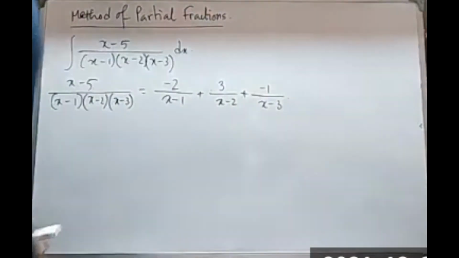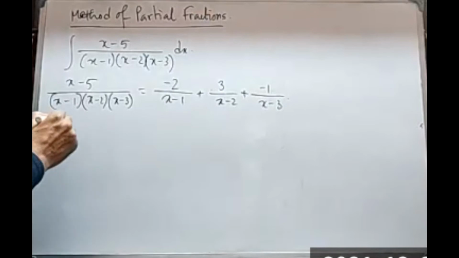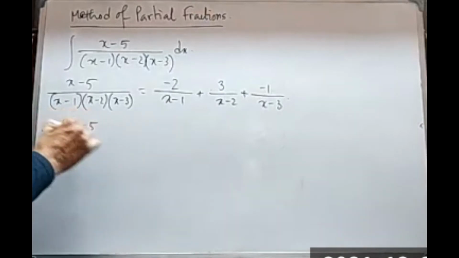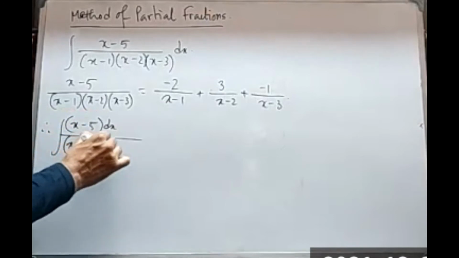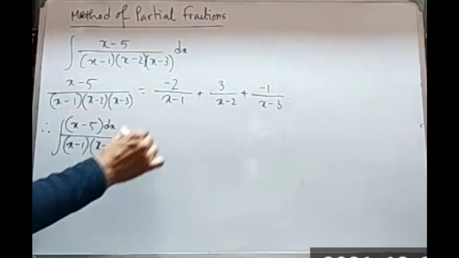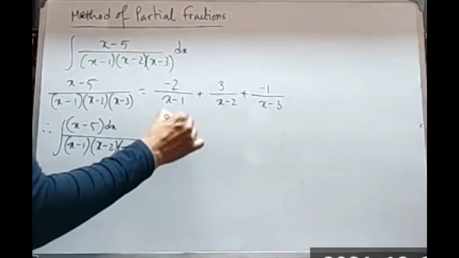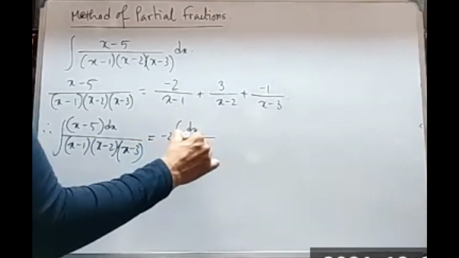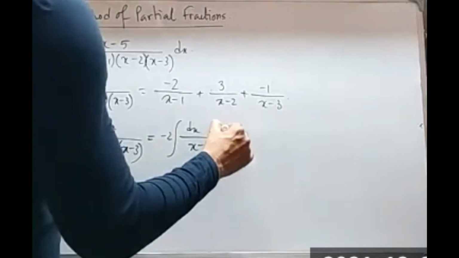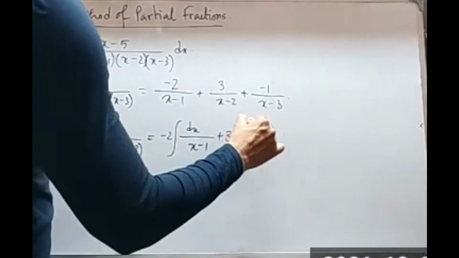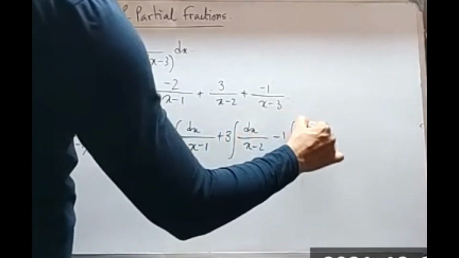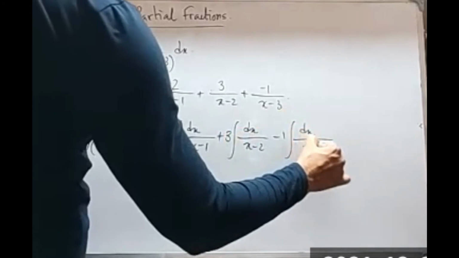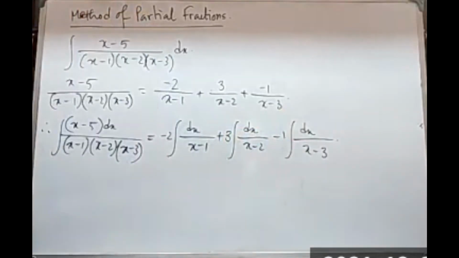So from here we can write, therefore, the integral of (x minus 5) dx divided by (x minus 1)(x minus 2)(x minus 3) equals minus 2, taking out of the integral, dx by x minus 1 plus 3 dx by x minus 2 minus 1 dx by x minus 3. Three simple integrals are there.